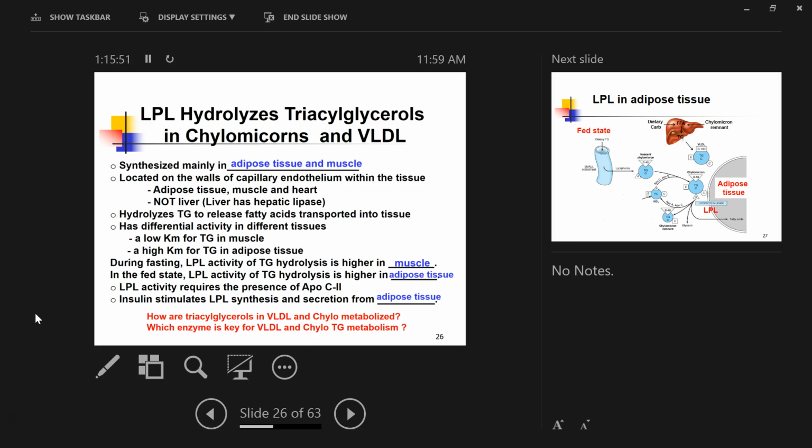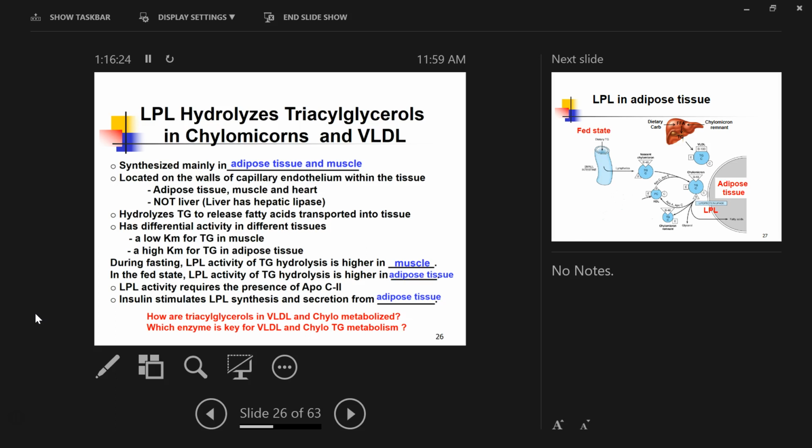Okay, I have two questions here. How are triglycerides in VLDL and chylomicron metabolized? That means they need to be taken up into the tissues, right? How are triglycerides metabolized in these two lipoproteins?